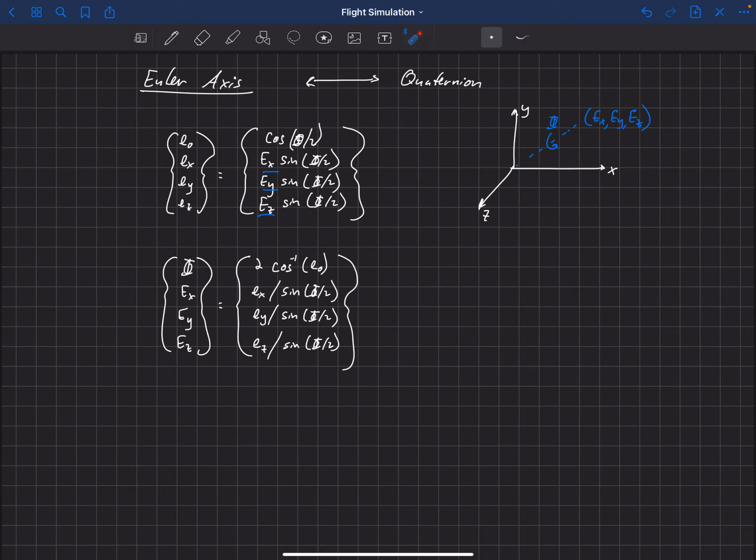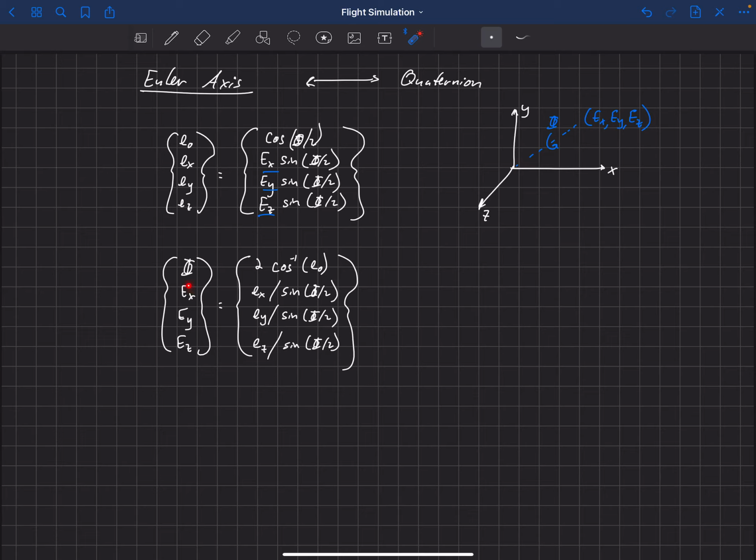We just get that by rearranging this equation to solve for theta, Ex, Ey, and Ez as a function of the quaternion components here. So yeah, again, this can be helpful, especially if you're trying to visualize the Euler axis during flight or during some maneuver to visualize the orientation here. You could solve for this Euler axis and rotation angle, and somehow in a graphical display show what this Euler axis looks like relative to the aircraft.